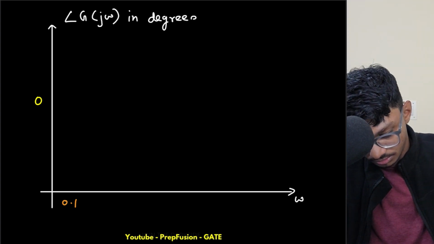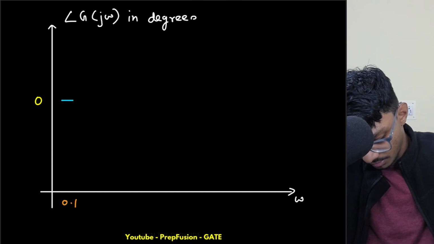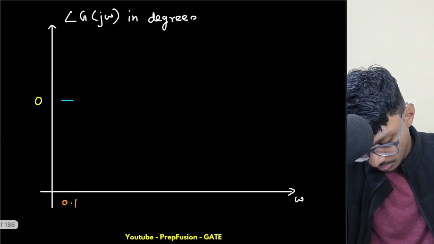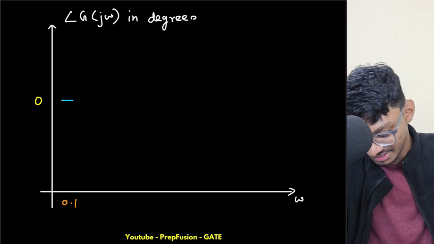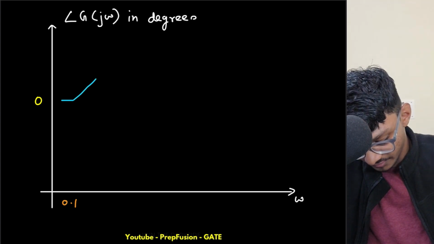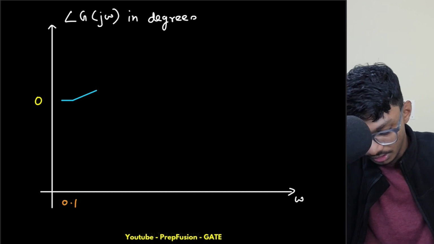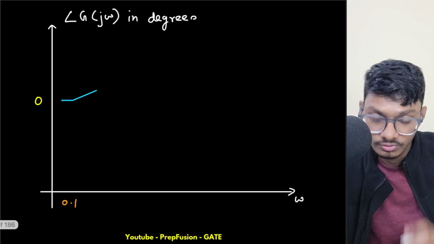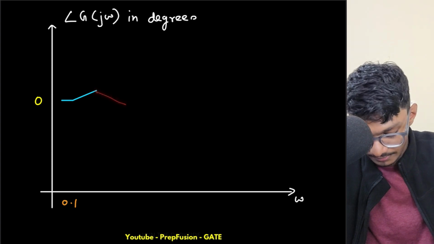Now after 0.1, what is happening? After 0.1 I am getting plus 45 degree per decade slope. I will make this scale pretty low. Plus 45 degree per decade slope. Then after this my slope changes to minus 45 degree per decade. If it was 0 degree it would have been flat like this. Now it is minus 45 degree, so it will be like this.